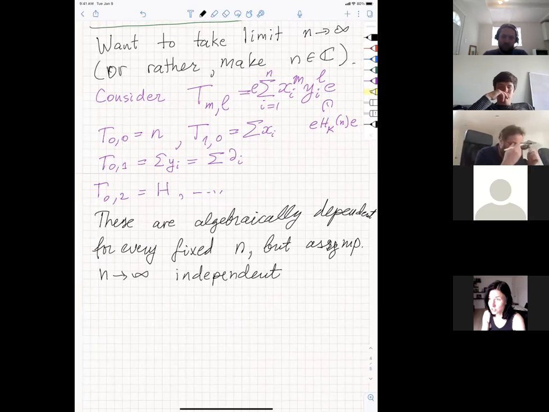Which means that if you have a fixed finite collection of these t's, then for large enough n, they are independent. And in fact, if you take a large n, any relation will have to have large degree and involve t's with large indices.